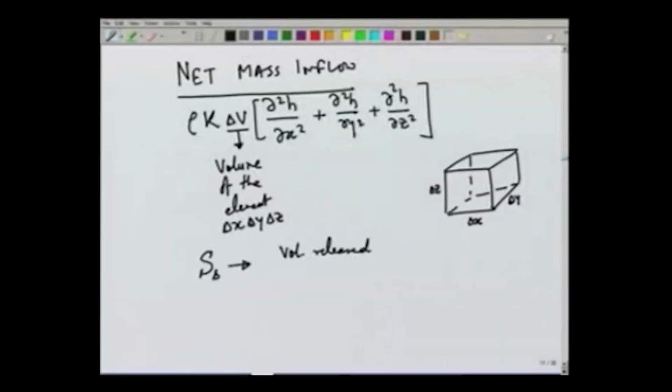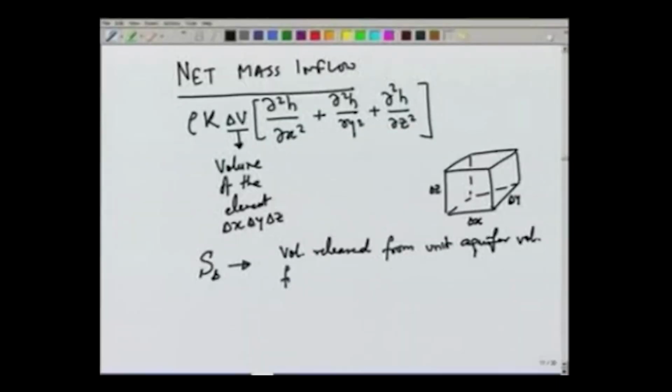So, we use Ss, which is the specific storage, which represents the volume of water released from a unit aquifer volume for unit head drop.